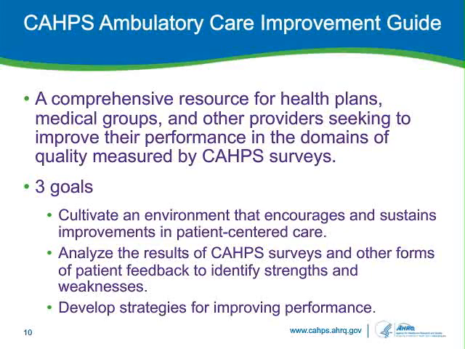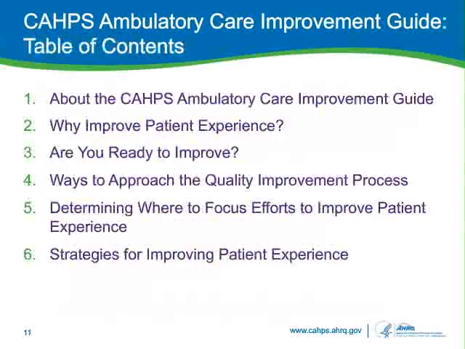Quickly, the table of contents: we focus on what the guide consists of, and why it is important to improve the patient's experience of care. We have a chapter, Are You Ready to Improve?, that describes a lot of the foundations that people need to have in place if they hope to be successful with quality improvement activities.